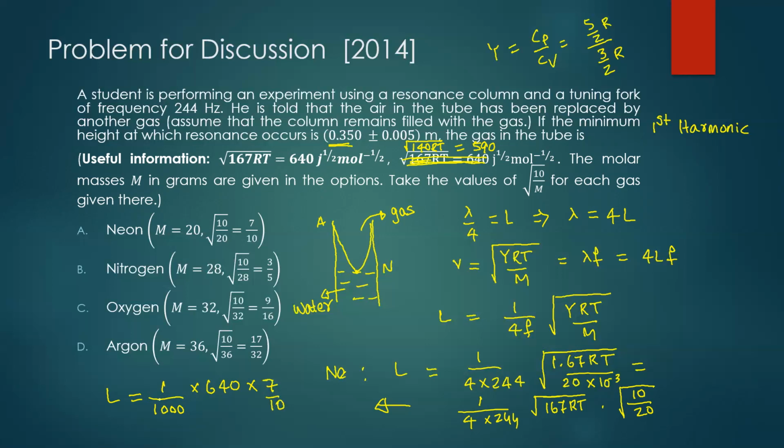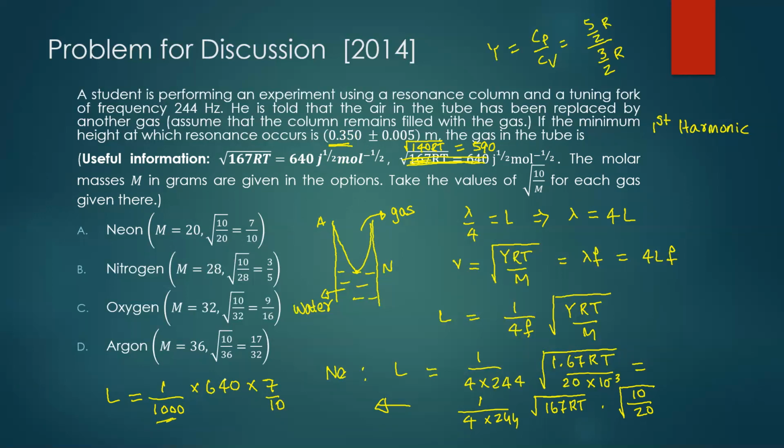Now this 1000 is going to help us in calculating the answer, because the answer is given with three digits after the decimal point. So if I ignore this 3, I'll multiply this 0.350 by 1000. So I'm looking at a 3-digit answer, ignoring the first factor. Now 640 into 7 by 10.